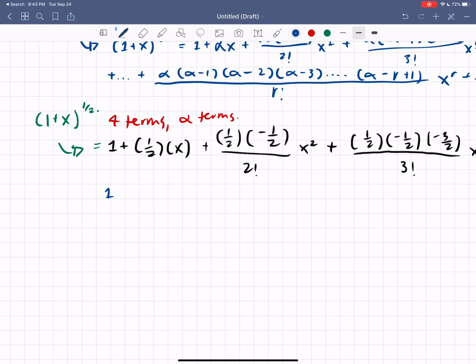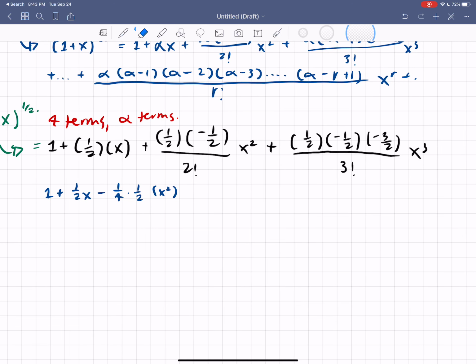So if we work this out, it would be 1 plus 1/2 x minus 1/4 times 1/2, given that 2 factorial is just equal to 2, x squared, plus 1/2 times negative 1/2 is negative 1/4.